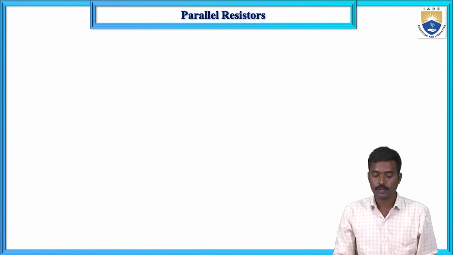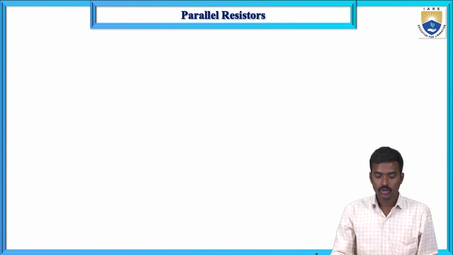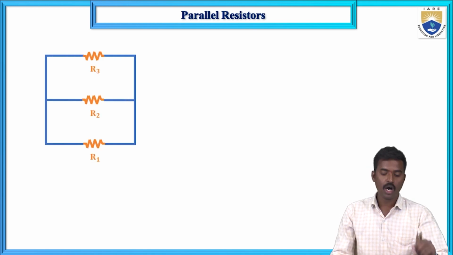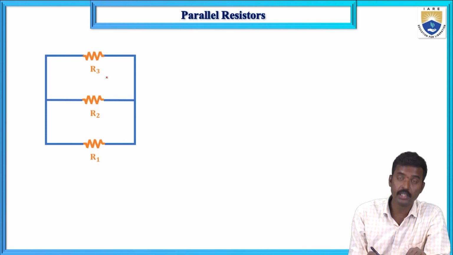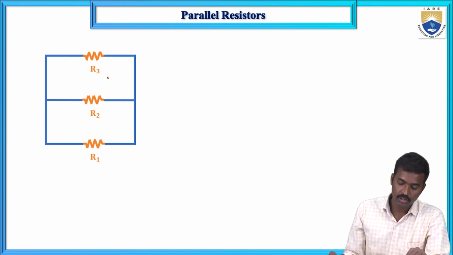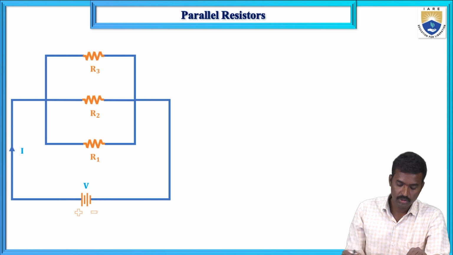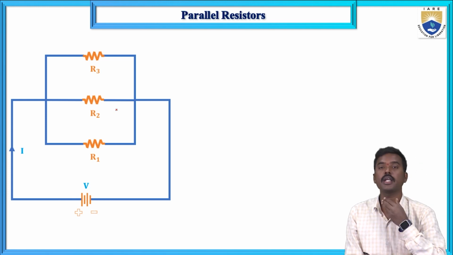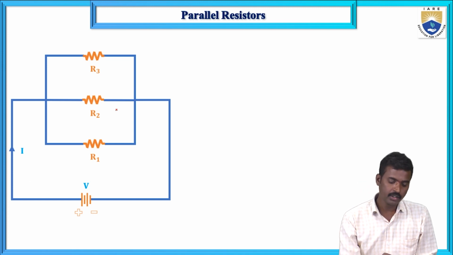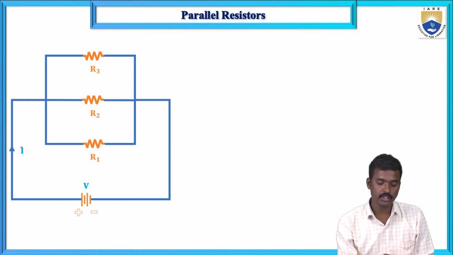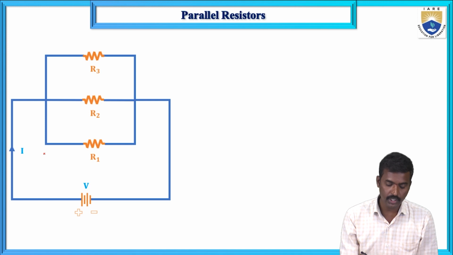Next, parallel resistors. Three resistors R1, R2 and R3 are connected in parallel. The whole circuit is connected across the supply voltage V. There is a closed path, so current flows in the circuit.